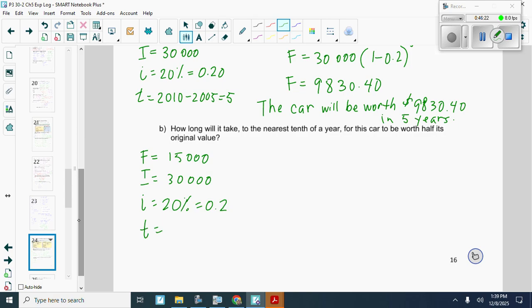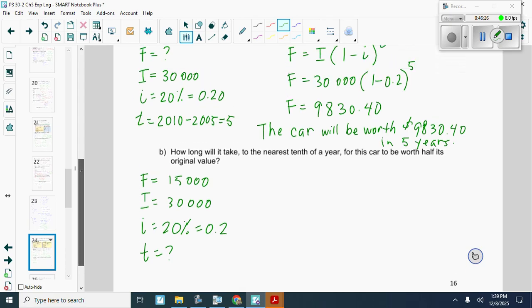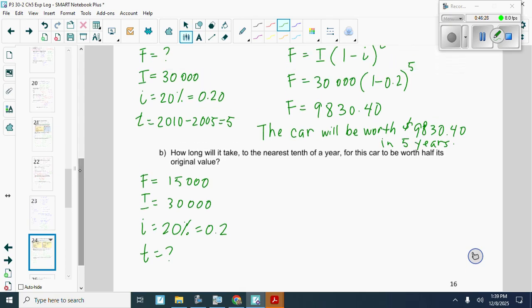And this time we're trying to figure out how long it took. We know that it should be less than 5 years, because in 5 years it's less than $10,000. We're trying to pinpoint to the nearest tenth of a year when it fell halfway. So we're doing 1 minus the interest for depreciation, and we know that the final amount was the 15,000.